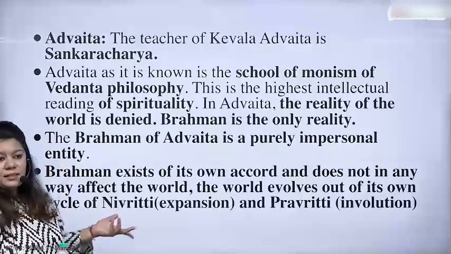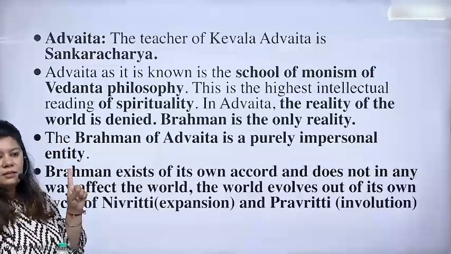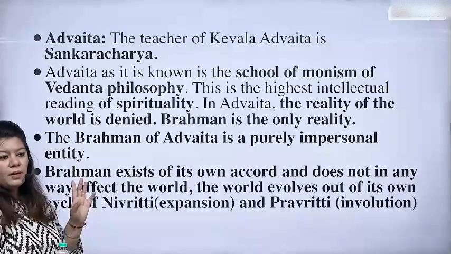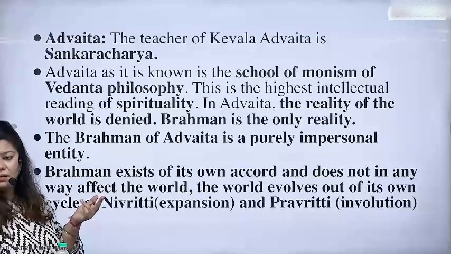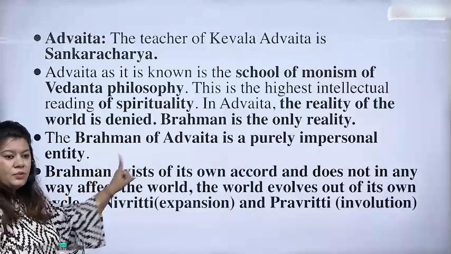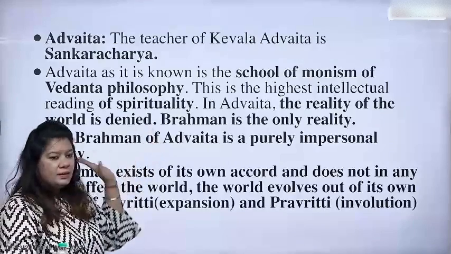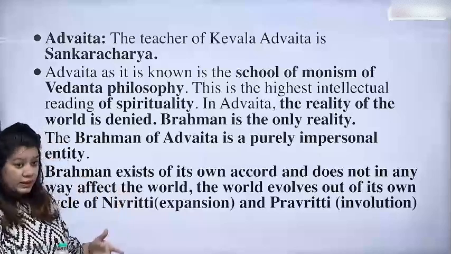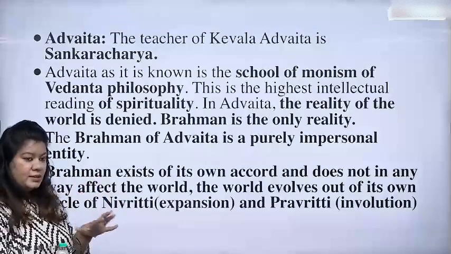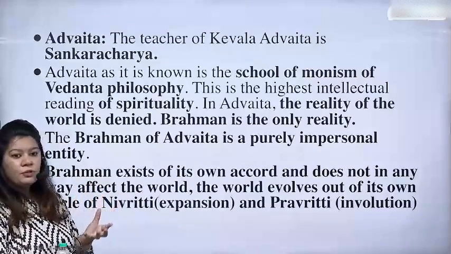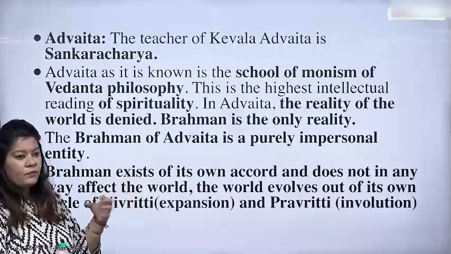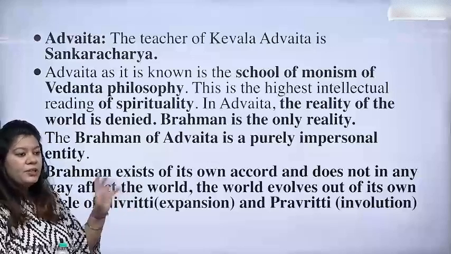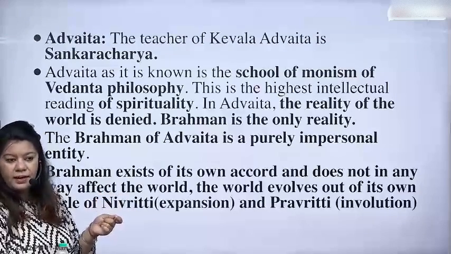Because it considers only one reality, that is Brahma, who is absolute God. Rest other things are unreal, right? So it considers only Brahma the only reality, and the world which is existing, it's existing out of its own forces, scientific or physical forces of convulsion and expulsion, nivritti, evolution, right?